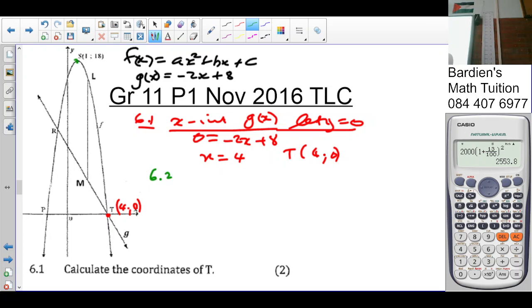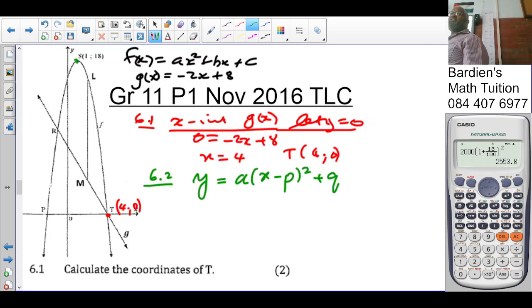So we must write the standard form of the parabola using the turning point. So this is y is equal to a into x minus p squared plus q, where p and q form your turning point. So it's going to be a into x minus 1 squared plus 18.